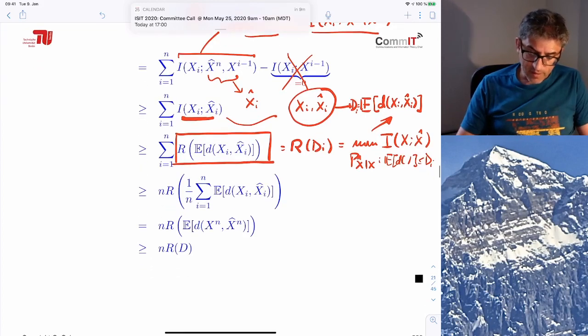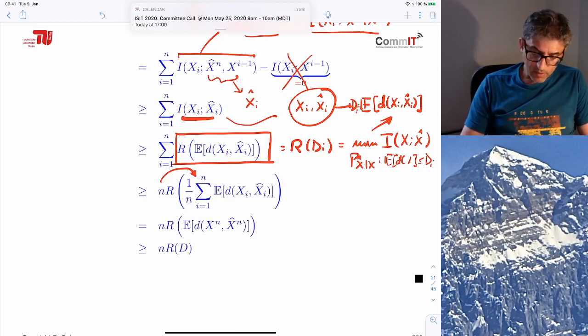And here is where I use the fact that the rate distortion function is convex and non-increasing. First of all, I can multiply and divide by n and use Jensen's inequality. So I bring in the expected distortion over the symbols, the mean distortion per symbol, and because of the convexity, I get a lower bound.